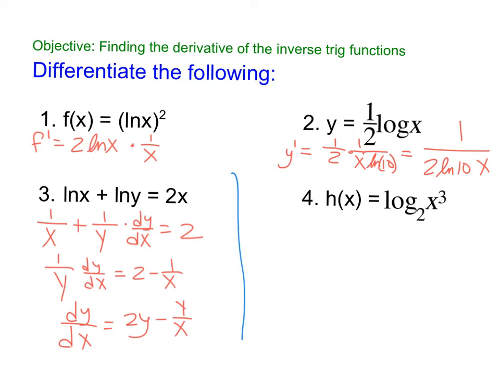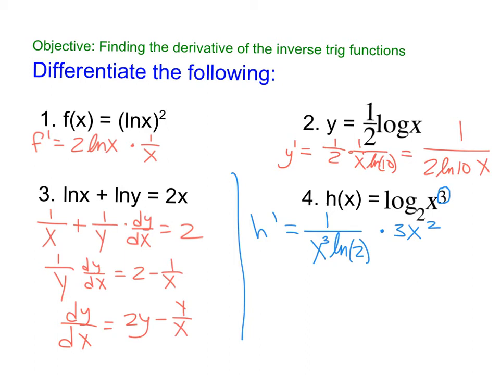Now this one, we've got h prime, 1 over x cubed ln of 2, times the derivative of the inside, 3x squared. Now, there's actually an easier way, and we can figure it out pretty easily. Remember, this is an exponent, right?